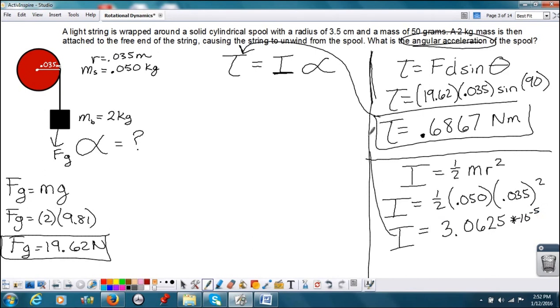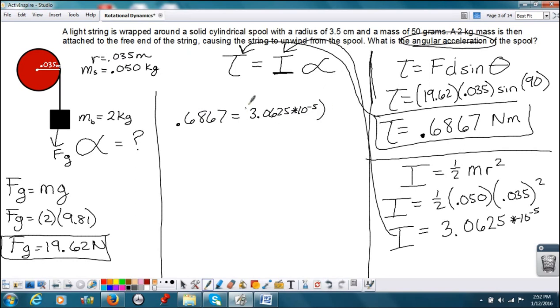And now I can substitute that in up here and solve for the angular acceleration. So I have 0.6867 is equal to 3.0625 times 10 to the -5th times the angular acceleration. Divide by 3.0625 times 10 to the negative fifth on both sides.